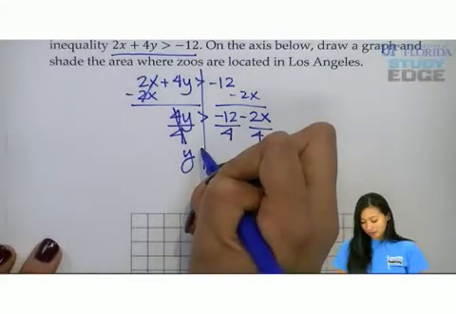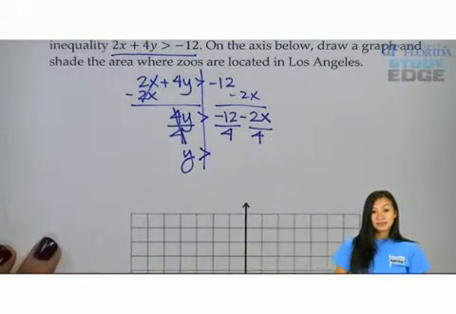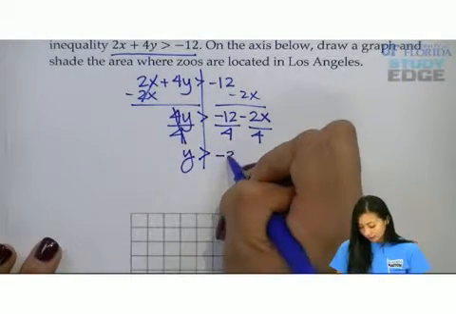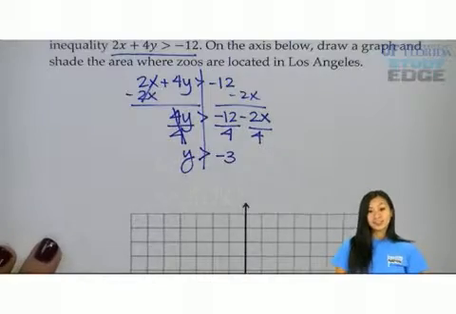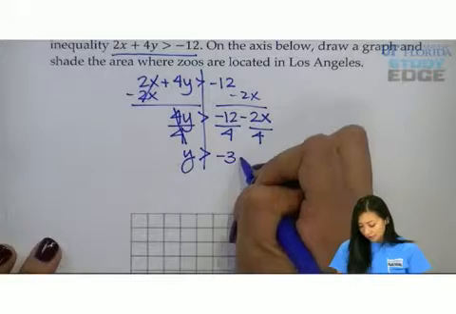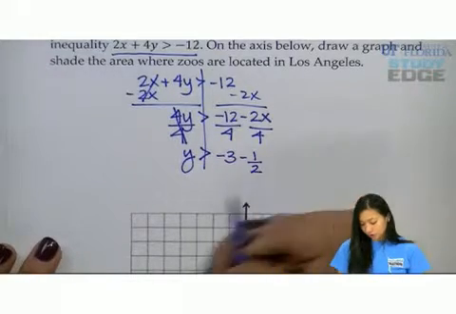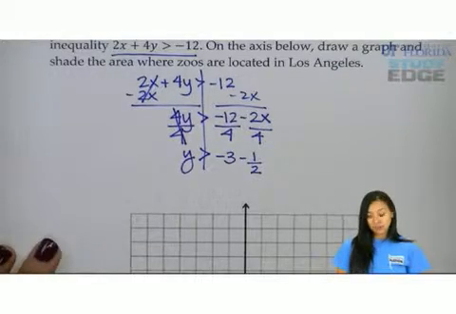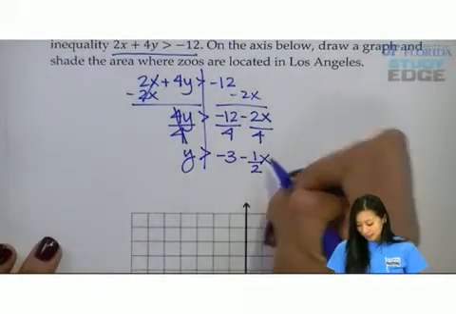Let's see what happened on the other side. Bring down my greater than. I have negative 12 divided by 4. That's negative 3. Negative 2 over 4 simplifies to negative 1 over 2. I bring down my x.